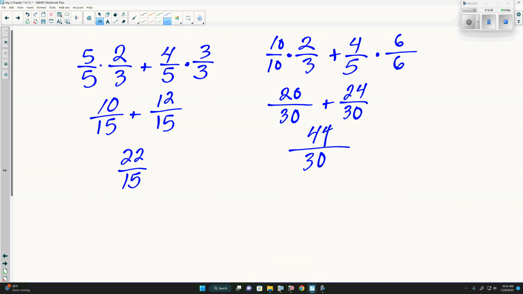Wait a minute. So between here, 5 and 5, we had an extra factor of 2, yes? 6 and 6, we had an extra factor of 2. Well, 44 over 30 is reducible, top and bottom by 2, which will get us to 22 over 15. Because every extra factor we add ends up having to come back out later.